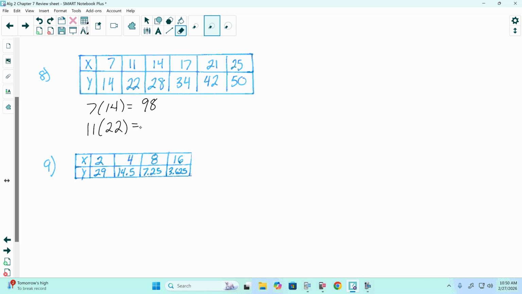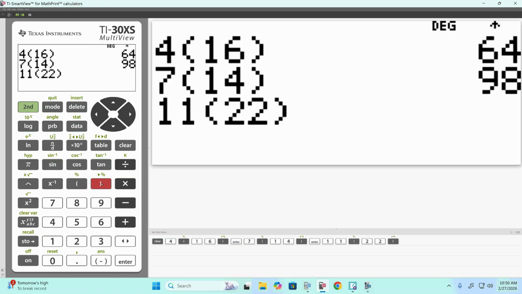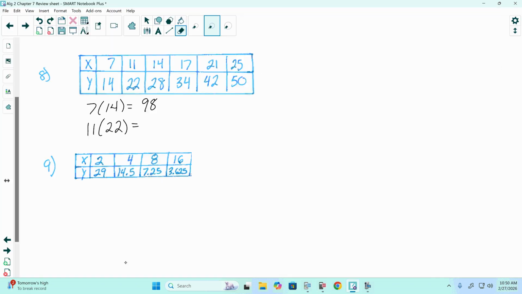Well, I know for sure this is not going to give me 98, because just 10 times 22 is 220. It's 242. These are not the same, so we know it's not going to be inverse. Inverse is out.